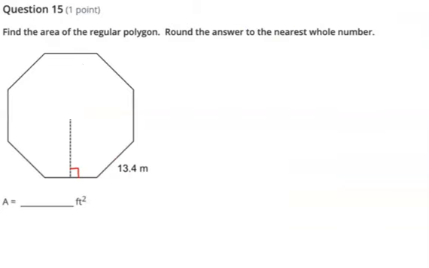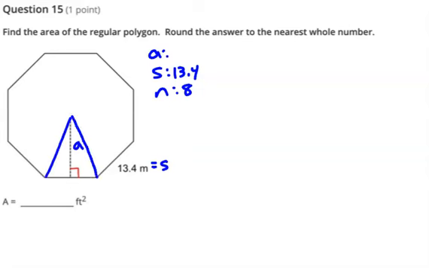Next, we have an octagon, and we're doing the same thing. The octagon right here, we're given S, and we need to find A. We know that A is what we want, S is 13.4, N is 8. Again, we're looking at this triangle right here.